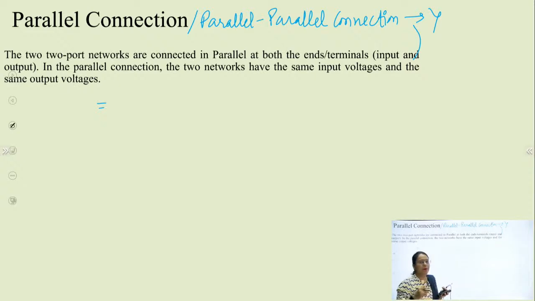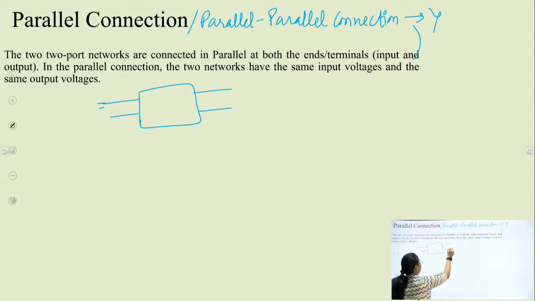Whenever we have to make a parallel connection, we will use the Y parameters. So here again I am drawing the two-port networks. This is one of the networks which I am representing by NA, and this is another network NB.